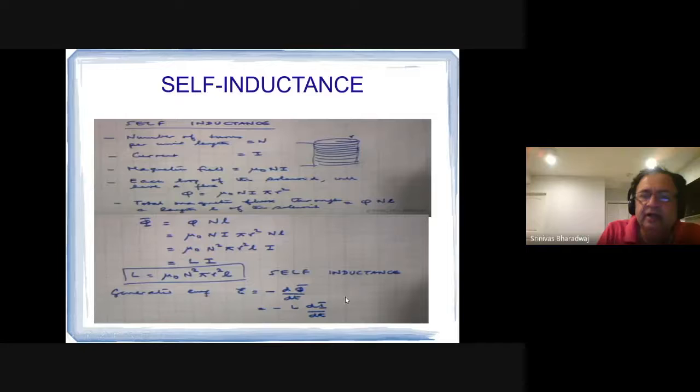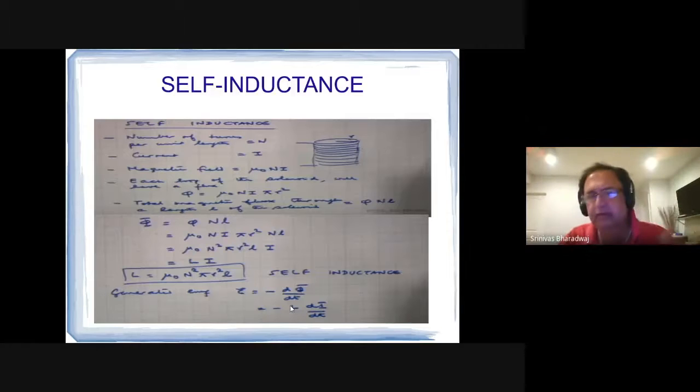For an inductor, this is the basic formula: the voltage across an inductor is proportional to the time varying current di by dt. The rate of change of current will produce a voltage, a self inductance, in the inductor. So phi equals L i, and d phi by dt equals L times di by dt.